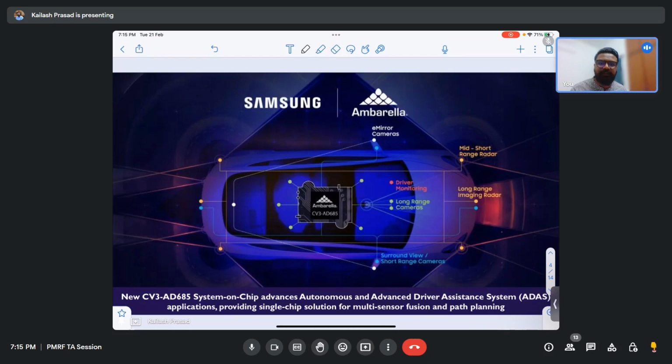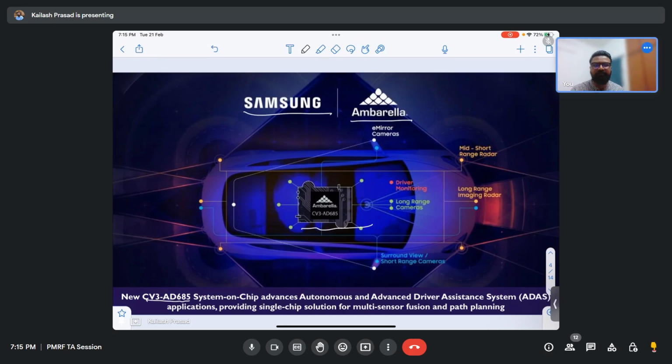So, this recent announcement that has come. Ambarella is one of the companies which design chips for autonomous cars, and Samsung is one of the foundries I mentioned. They have been collaborating for a long time, and they said the new Ambarella chip, the CV3-AD685, advances autonomous and advanced driver assistance systems.